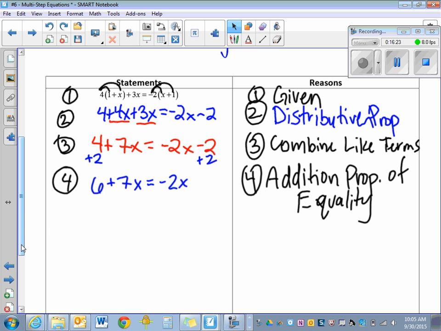Alright, so now we have 6 plus 7x equals -2x. What do we want to do next? Joe, do you have an idea? Let me give you a hint. We want to get our x's together because we're trying to get x by itself. So how can I move one x to the other side?